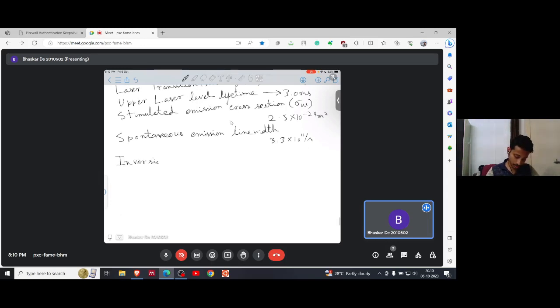Insertion density delta n UL is 8 into 10 to the power 24 meter cube.